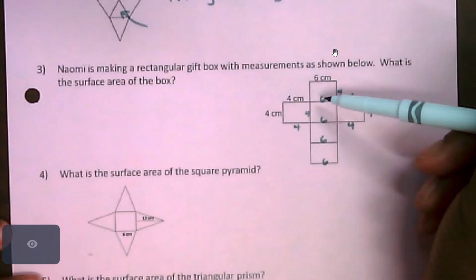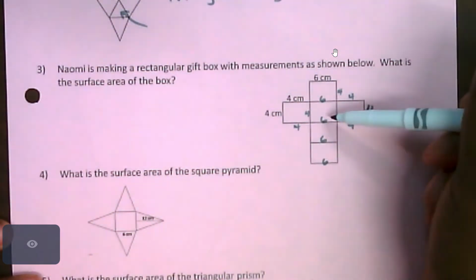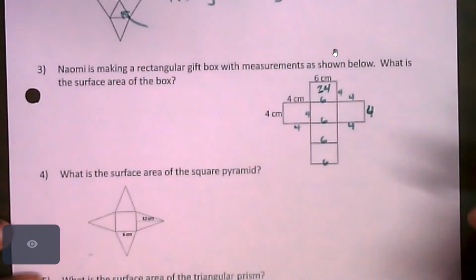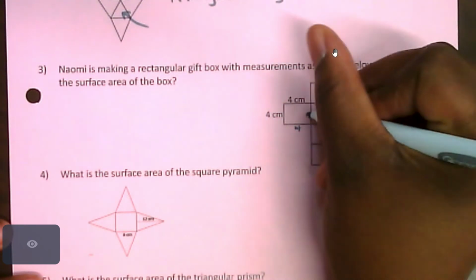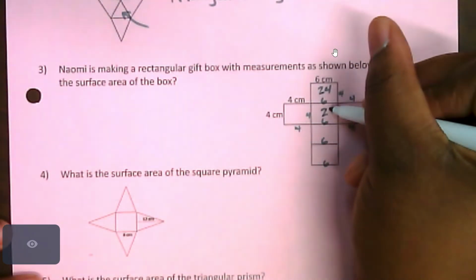So I see these panels down the center. These faces are all rectangles and they are 6 by 4. So 6 times 4 is 24. The area here is 24. This one is also a 6 by 4, so 24.